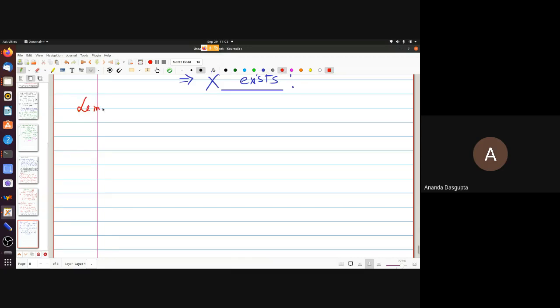So lemma 2. Lemma 1 was about two irreducible sets of operators on two vector spaces and an X which intertwines between them. And lemma 2 is about one set, so that's why I don't have a 1 or 2 written up there, because it's just on one vector space.